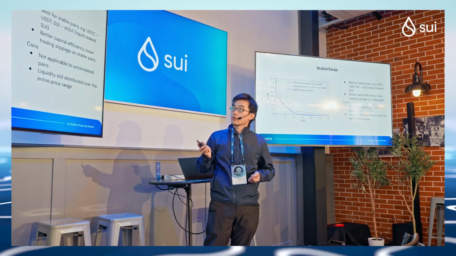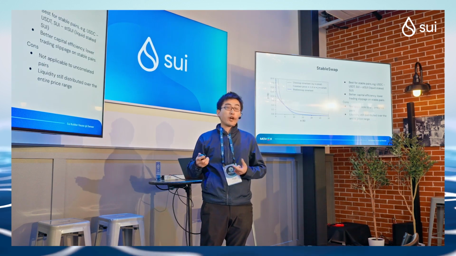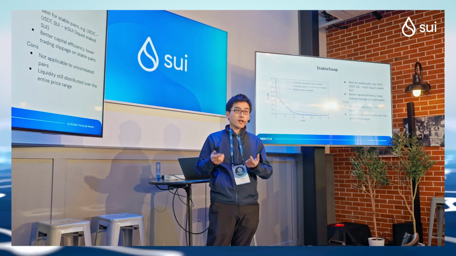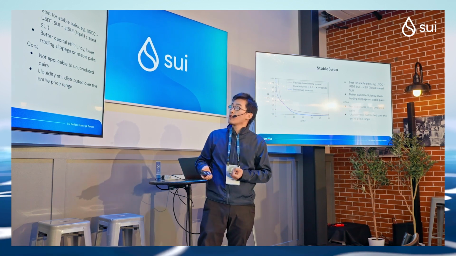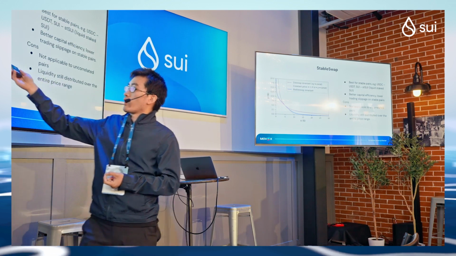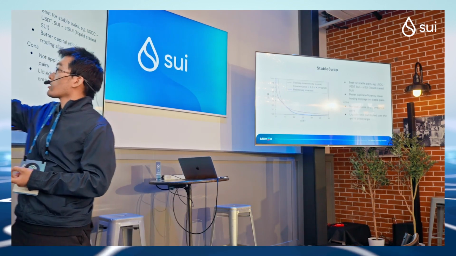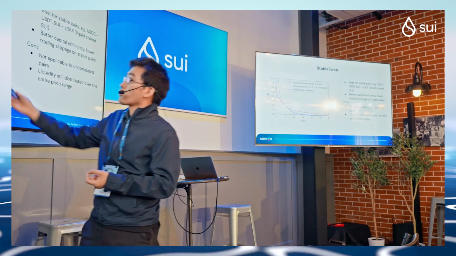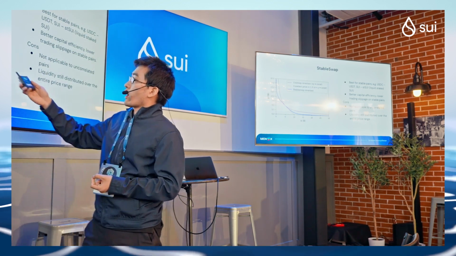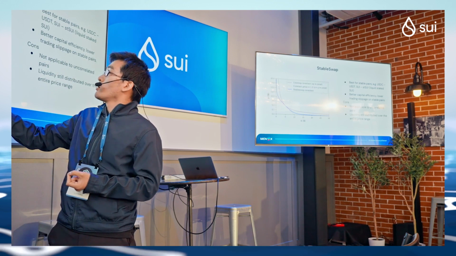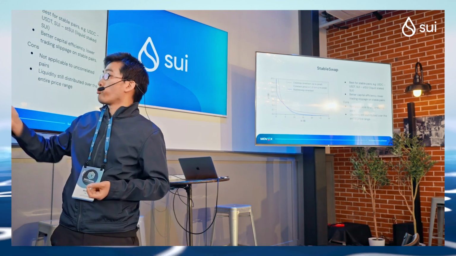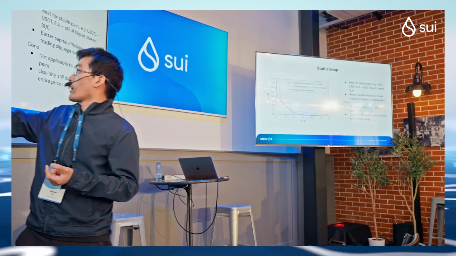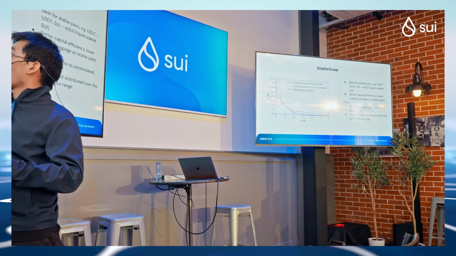In terms of the first problem, designing a better bounding curve for stable pairs or pegged pairs, maybe instead of having an x times y bounding curve, like the dashed purple curve shown here, what we can do is have a constant sum bounding curve with the slope set at 1, like the dashed red line shown here.